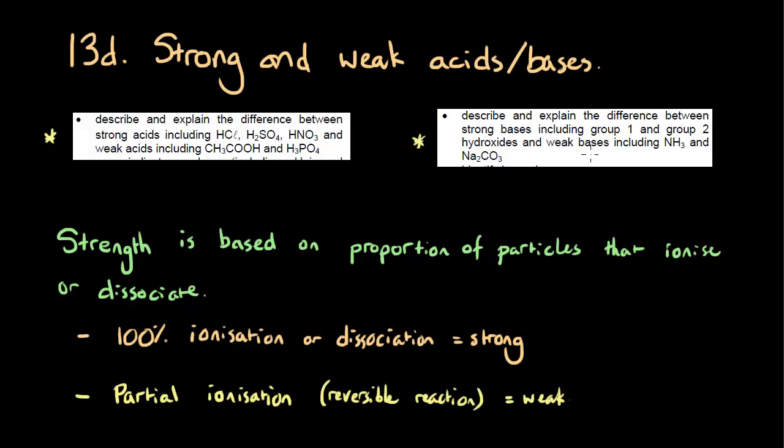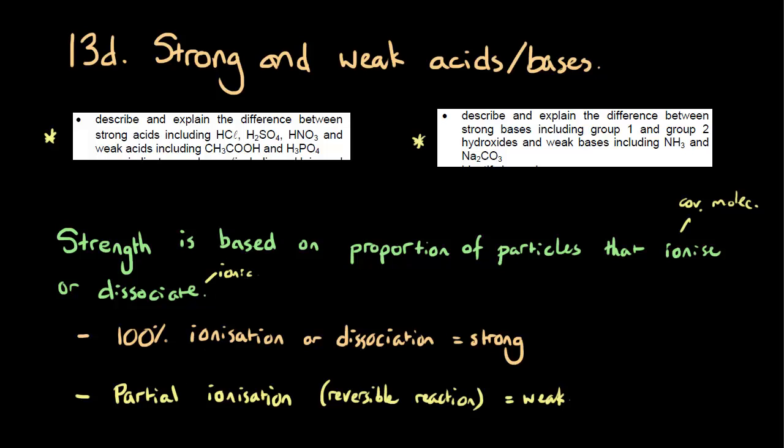So just as a reminder, the strength of a substance is based on the proportion of particles that either ionize or dissociate, remembering that ionization is a process that happens to covalent molecules, and dissociation is a process that happens to ionic substances.